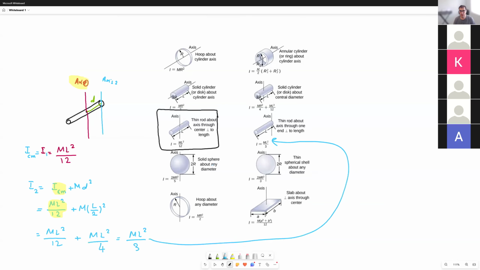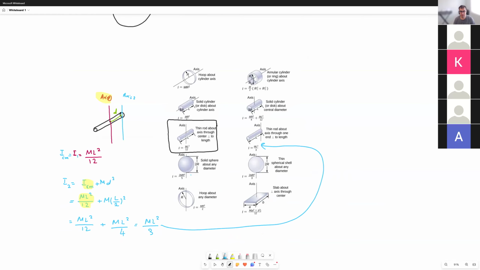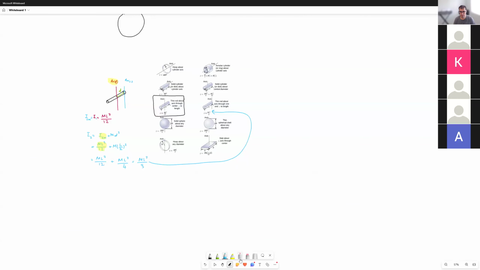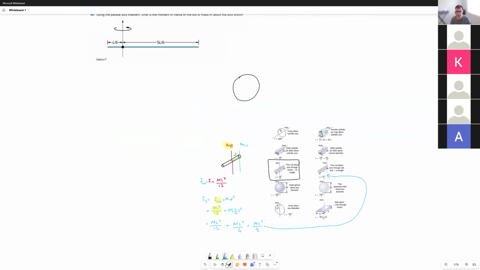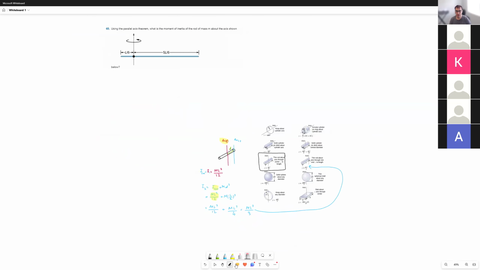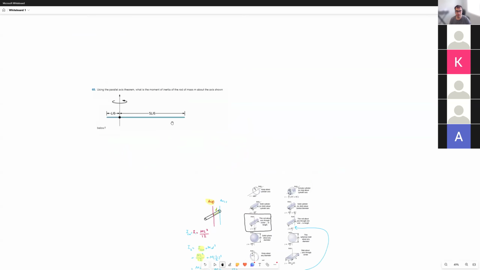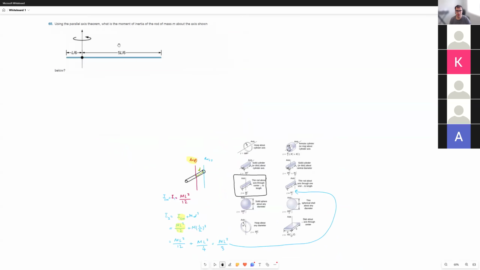Let's apply it to this problem. So it says, using the parallel axis theorem, what is the moment of inertia of the rod of mass m about the axis shown?